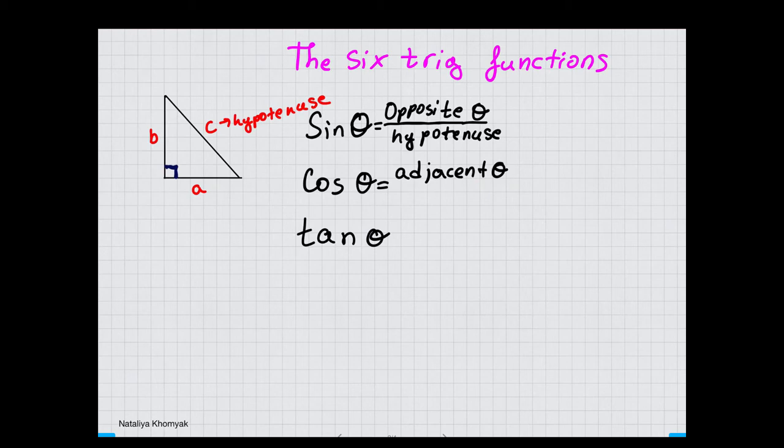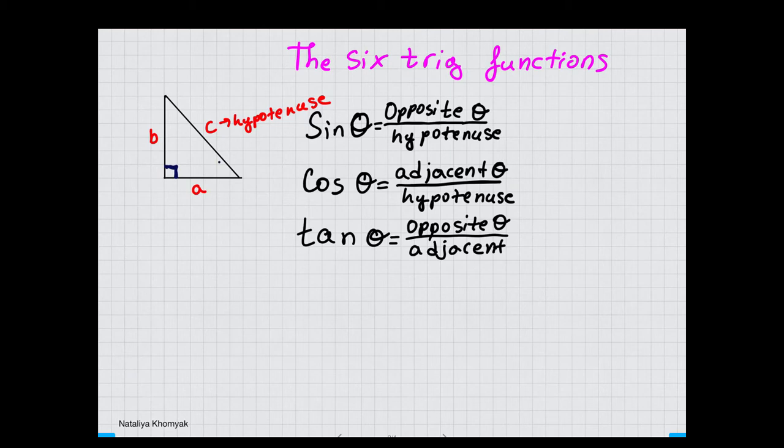Adjacent means the side that is touching the angle, and divided by hypotenuse. For the tangent theta, you take the side that is opposite to the angle theta and you divide it by the side that is adjacent to the angle theta.